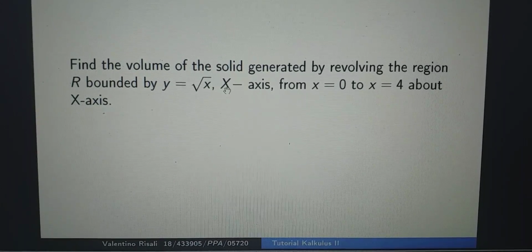We will discuss an example for this method. Find the volume of the solid generated by revolving the region R bounded by the curve y equals square root of x, the x-axis, from x equals 0 to x equals 4, about the x-axis.